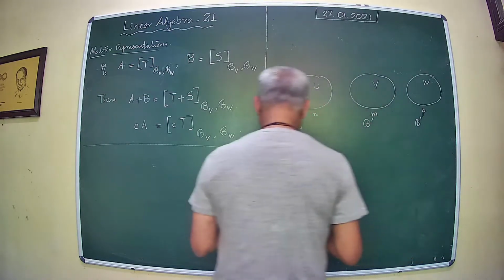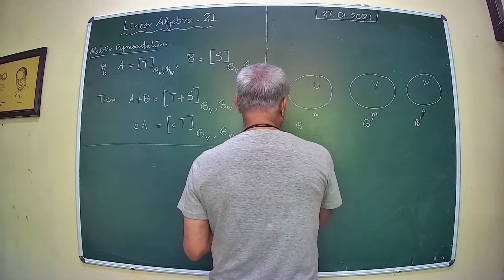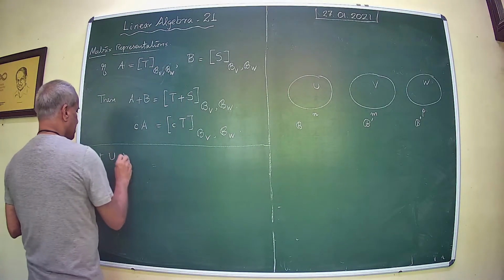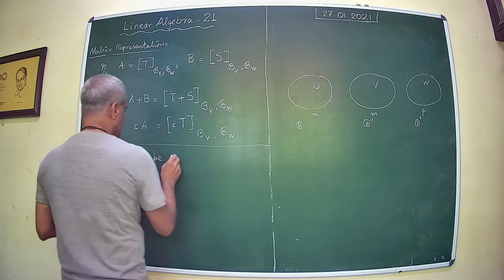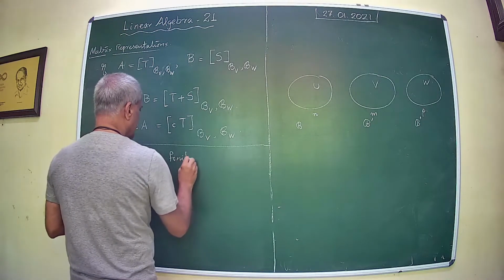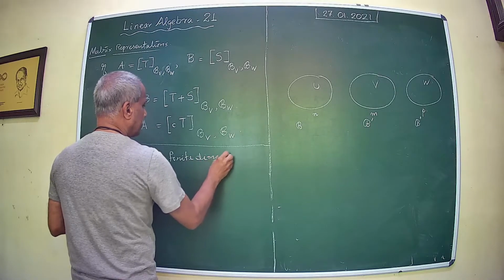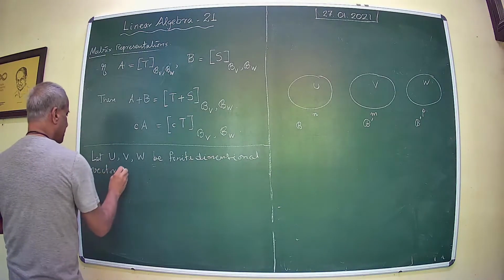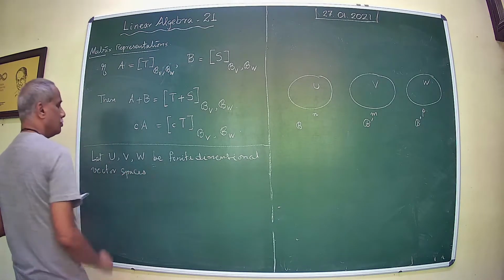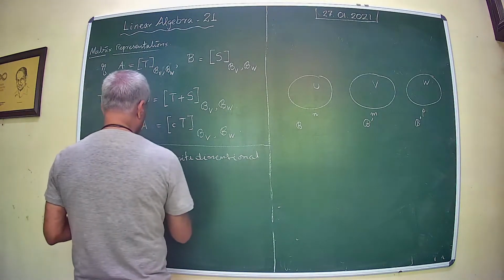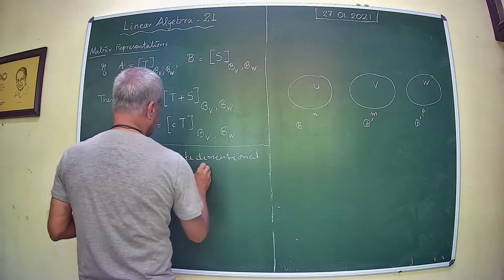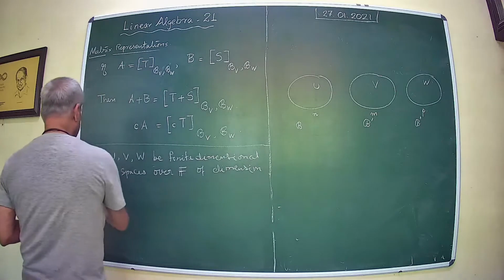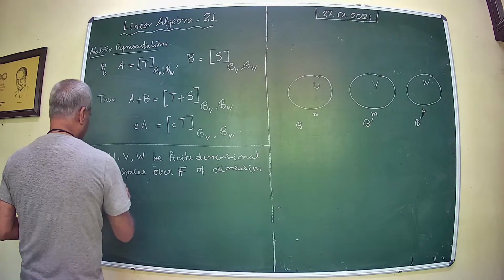Okay, so let us write down. Let U, V, W be finite dimensional vector spaces over F of dimension n, m, and p respectively.